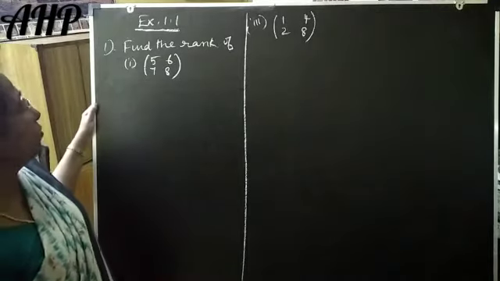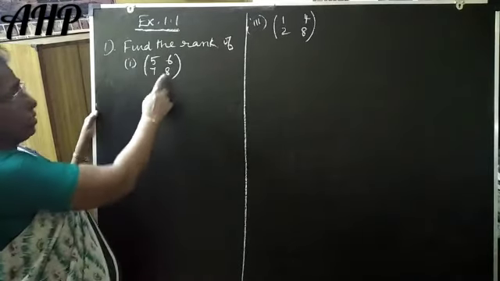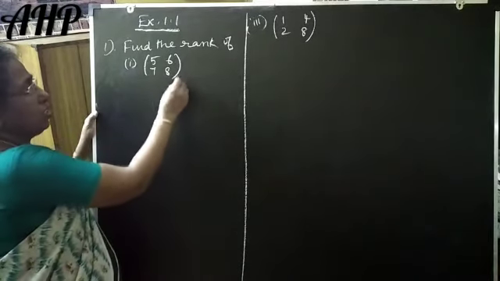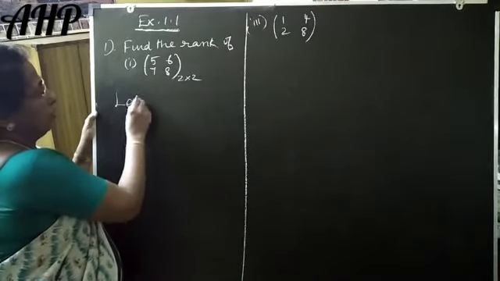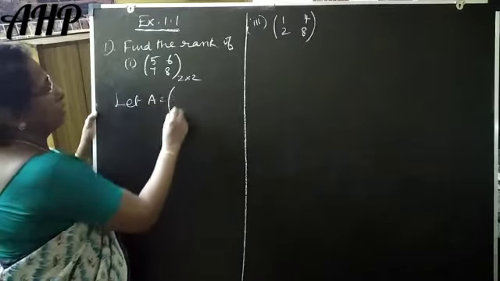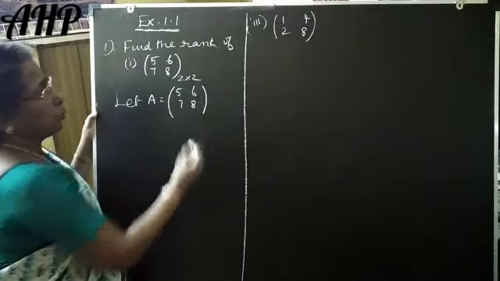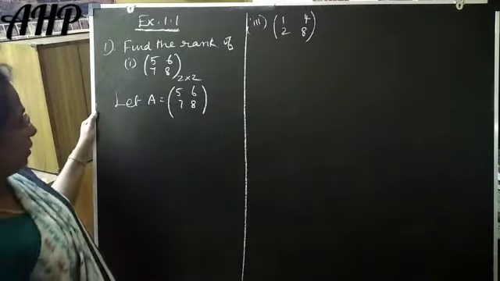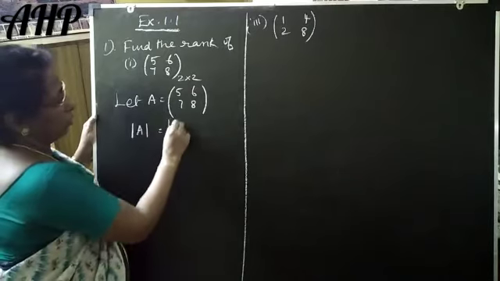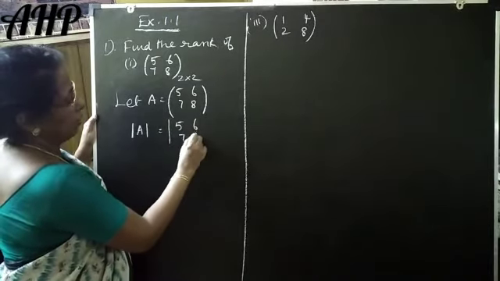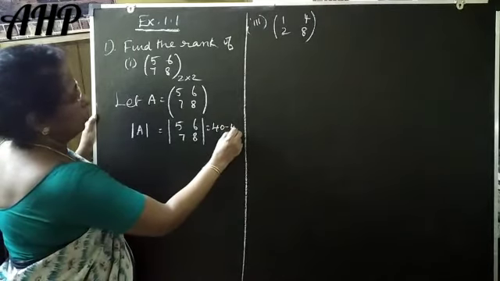Now in the exercise 1.1, the first question: find the rank of the matrix 5, 6, 7, 8. This is of order 2 by 2. So you assume that A is equal to the matrix 5, 6, 7, 8. Now we have to prove that this is a non-singular matrix, so find the determinant of A. Determinant A is equal to determinant 5, 6, 7, 8, which is 40 minus 42.